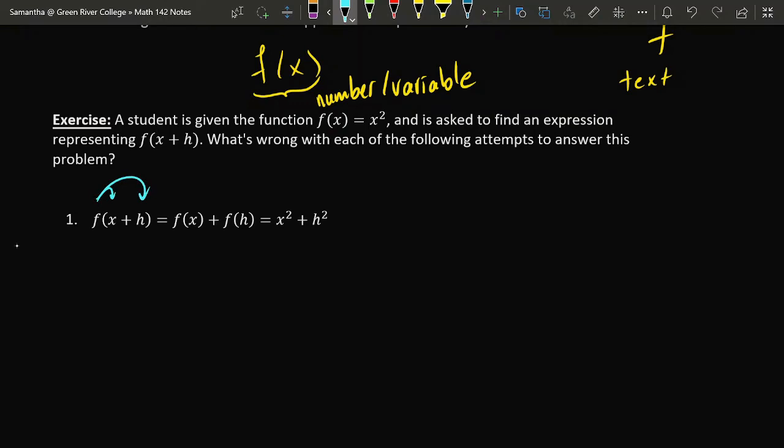So then I can find f of x plus f of h. So I'll square x, that's f of x, and I'll square h, that's f of h, and so the result is x squared plus h squared. The issue here comes in the very first step. They've tried to distribute, and distribution is possible when you're working with multiplication, but it is not possible when you're working with functions.